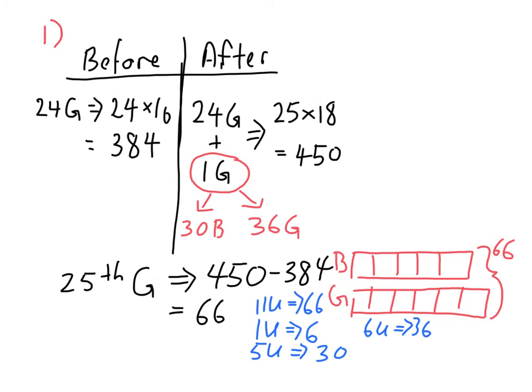So at the beginning is this, right? 384. At the beginning only got 24 groups, right? How many of these 384 children at first are boys? 220.